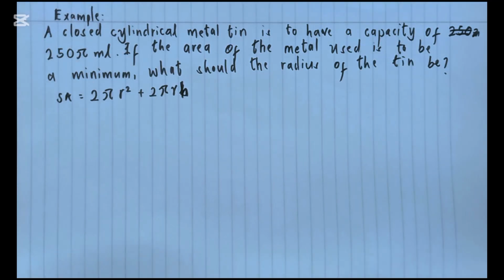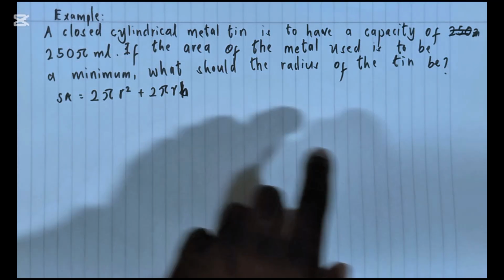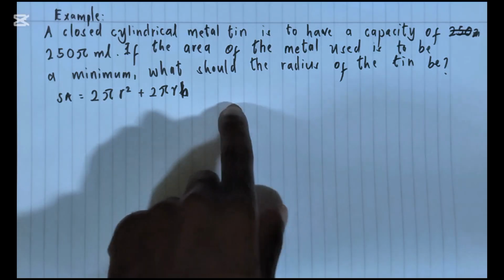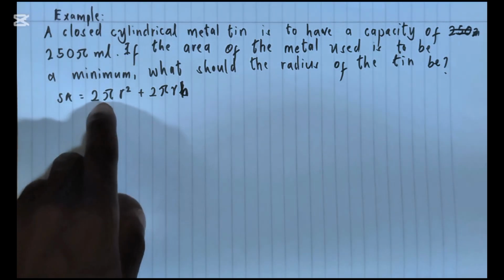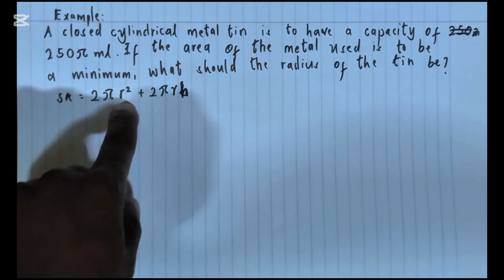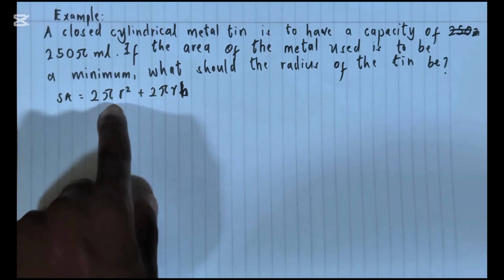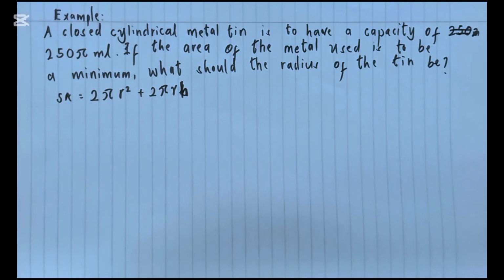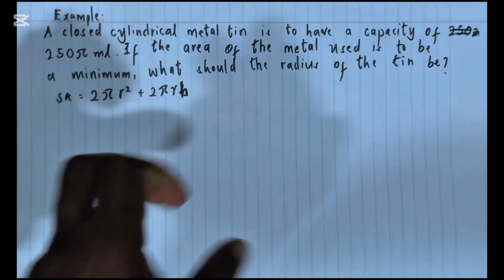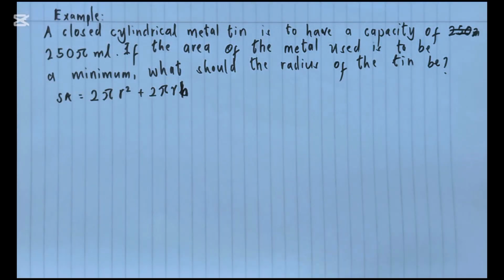But we cannot do that because we have different variables in this function. We have two unknowns, r and h, and we can't differentiate with respect to one variable while h remains undifferentiated.